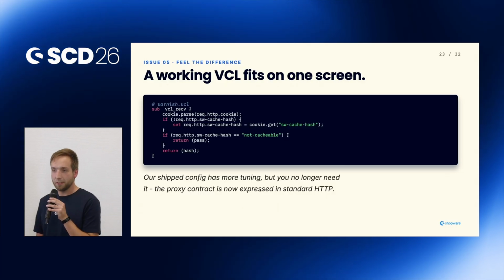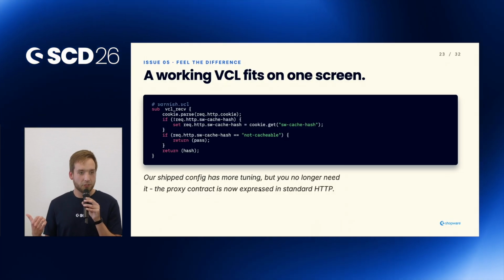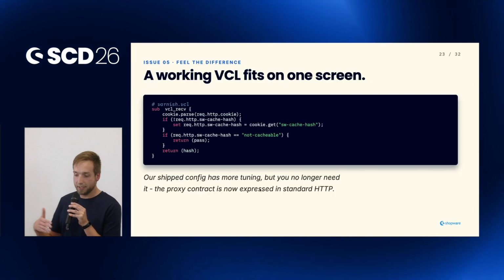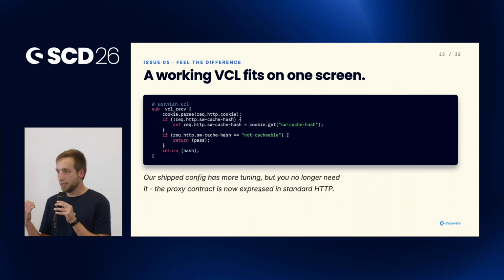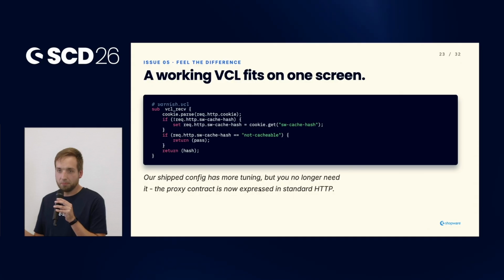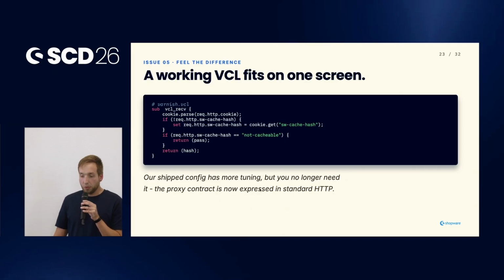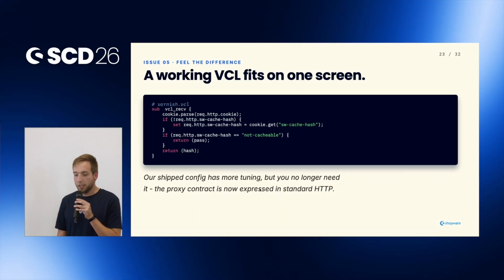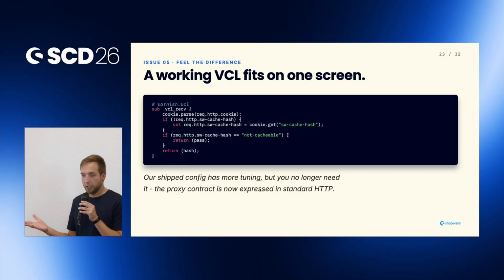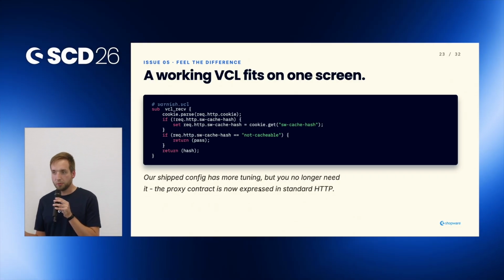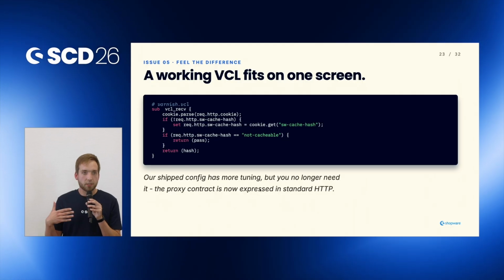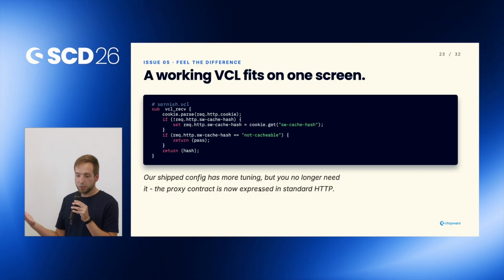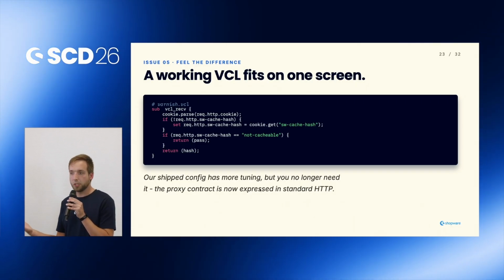One thing first: we still have a pretty extensive Varnish configuration that contains a lot more tuning, also for serving static media assets and so on. But this is the least amount of code that actually works. What you see here is basically two special cases that are needed for Shopware. The one is that we look into the cookies if you provide a cache hash via the cookie. That is just a nice thing that we want to do on the reverse proxy level to make it easier to build your clients, because we send the cache hash as a cookie from the application.